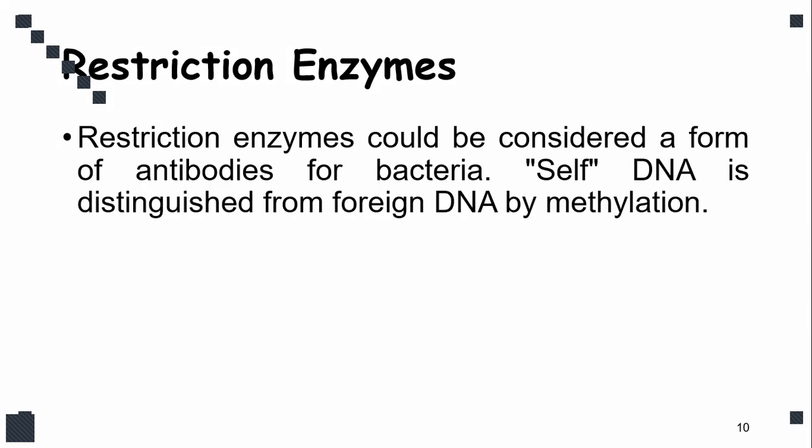Okay, now let's continue looking at the endonucleases: restriction enzymes. Restriction enzymes can be considered as the immune system of the bacterial system. Self-DNA is distinguished from foreign DNA by the process of methylation, that's the addition of methyl groups.